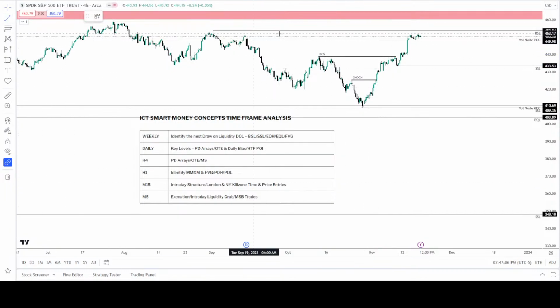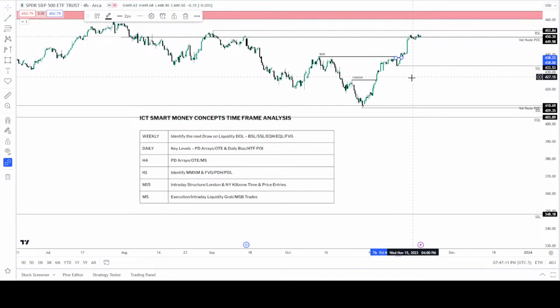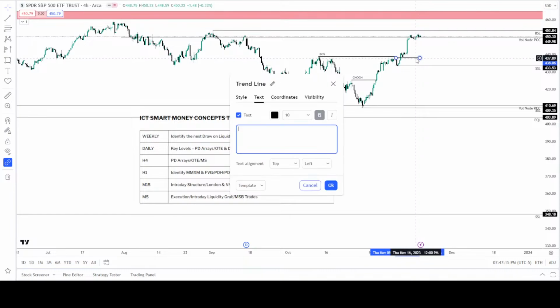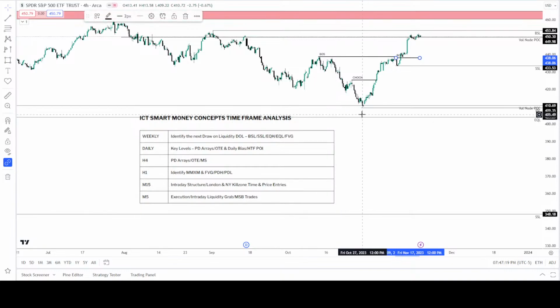And then we had a small internal structure shift here as well, which was a break of structure. And remember what I said about corrective moves: we often see a change of character, a break of structure, and then most of the time we see that move see some kind of completion after this break of structure, which would indicate that it's a corrective wave.